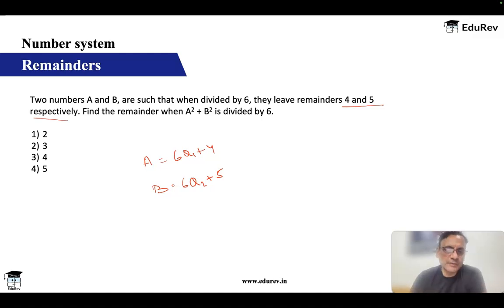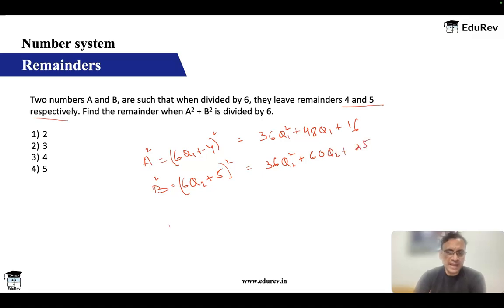Okay, so now I am dividing A square plus B square. So A square will be the square of this, B square will be the square of this, which will be how much? 36 Q1 square plus 6 into 4, 24 into 2, 48 Q1 plus 16, and B square will be 36 Q2 square plus 30 into 2, 60 Q2 plus 25.